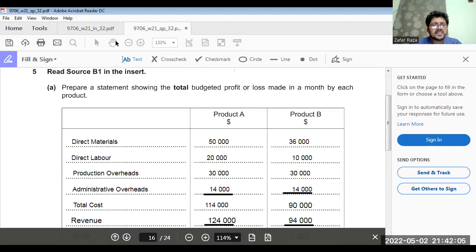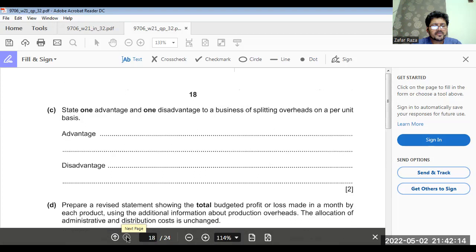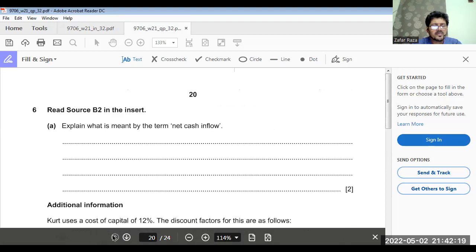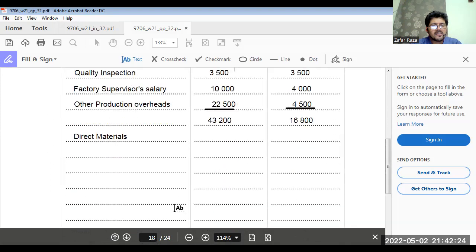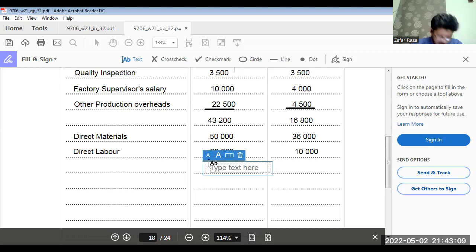Direct material 50,000 and 36,000. Direct labor 20,000 and 10,000. Total, 113,000.